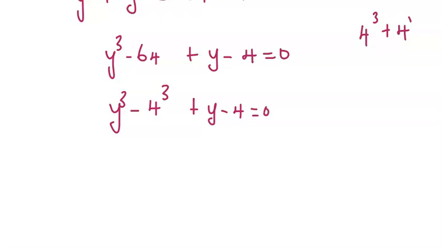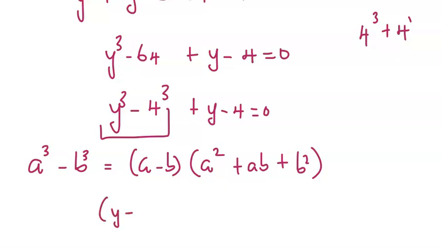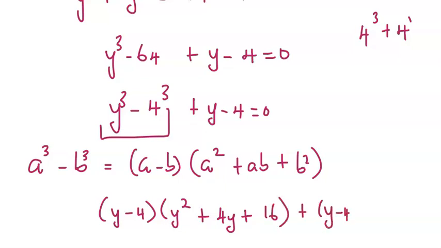Here we can make use of the difference of two cubes formula. Let's recall a³ - b³ = (a - b)(a² + ab + b²). So use that here, right? We get (y - 4)(y² + 4y + 16) + (y - 4) = 0.